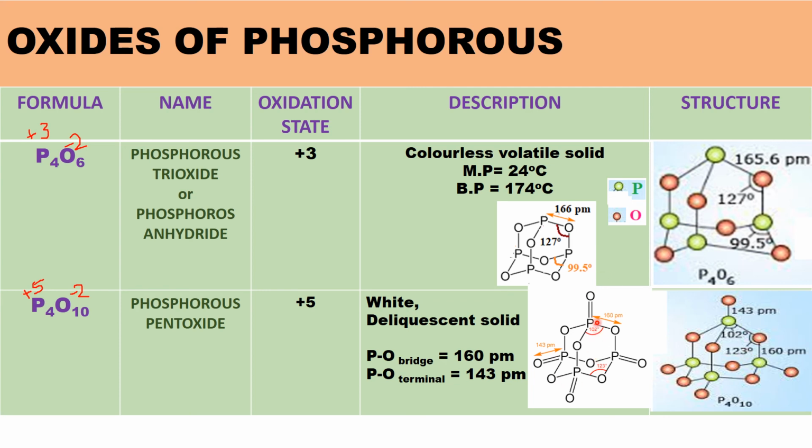For the oxygen with the double bond, the bond length is 143 picometer, and for the single bond it's about 160 picometer. That is, the terminal phosphorus-oxygen bond length is 143 picometer and the phosphorus-oxygen bridge length is 160 picometer.